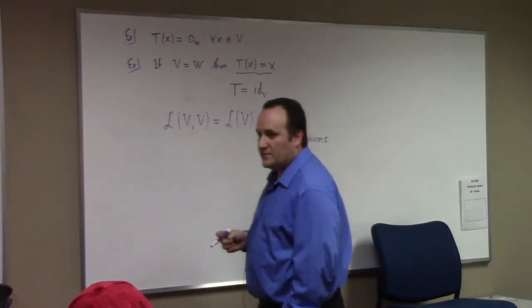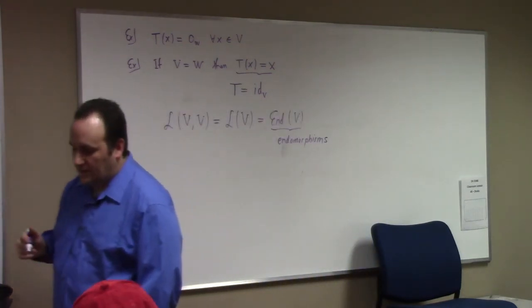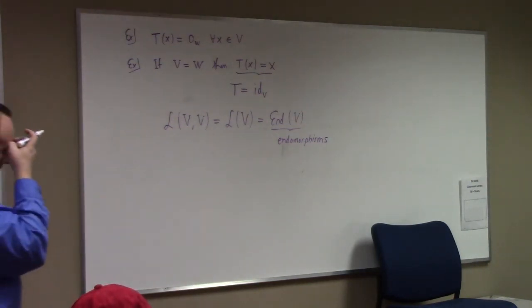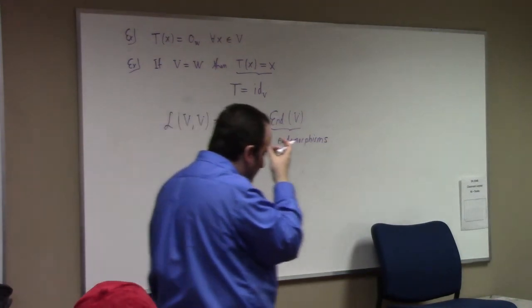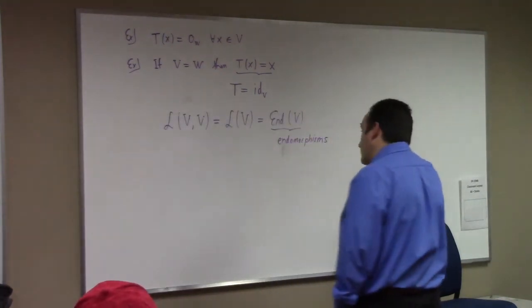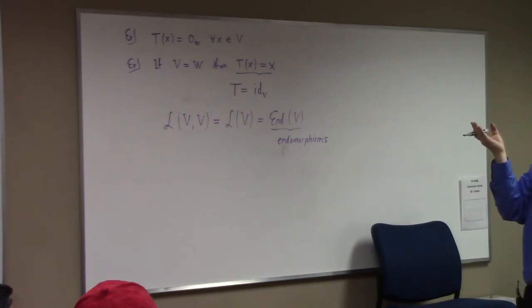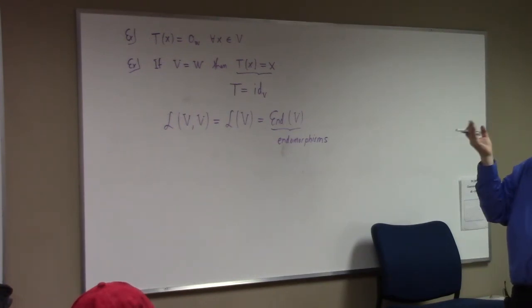An endomorphism is simply a linear transformation from a vector space to itself. Okay, so the identity map on a vector space is an endomorphism. In fact, it's invertible too, right? Like, what's the inverse of the identity map?